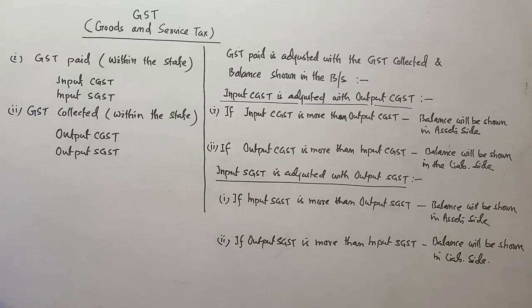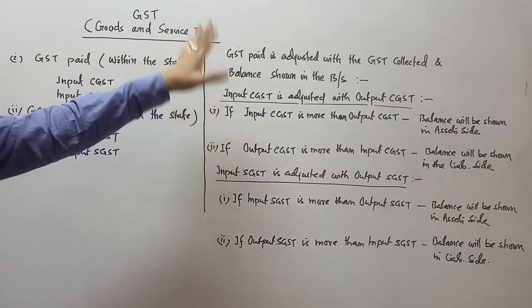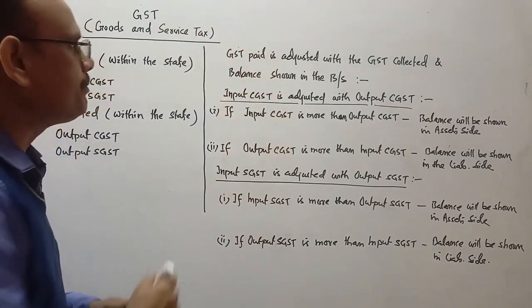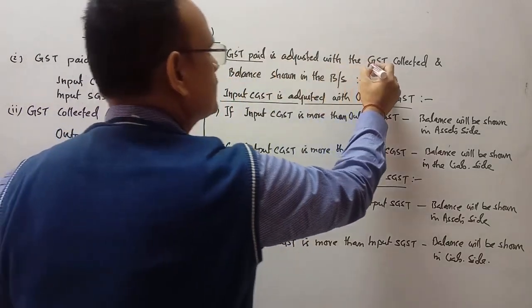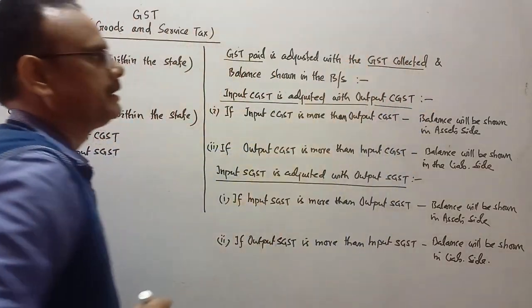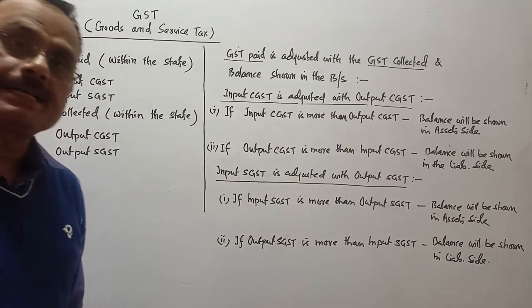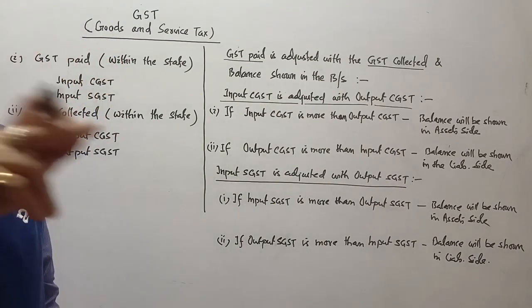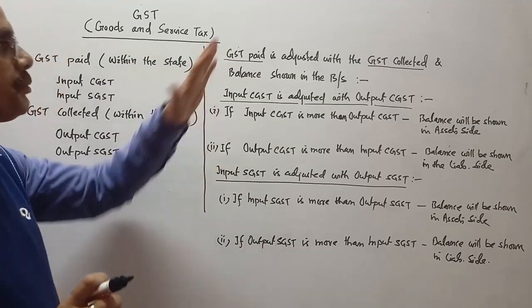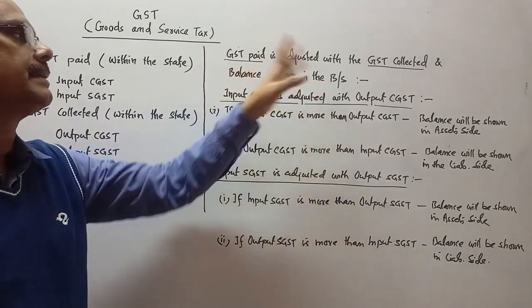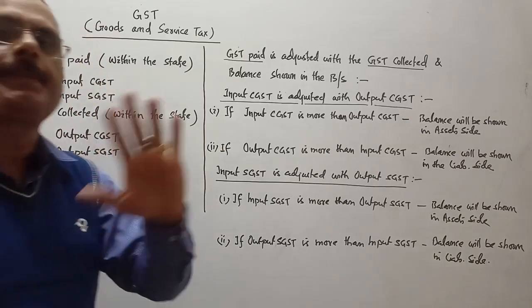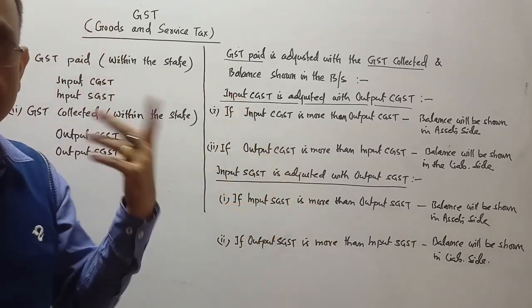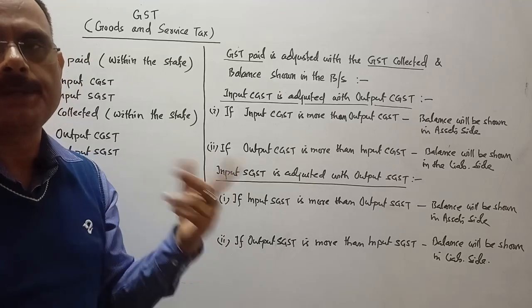Okay. Now coming to this, GST paid is always adjusted with the GST collected, and the balance will be reflected in the balance sheet. It depends upon which side this will reflect, asset side or liability side.